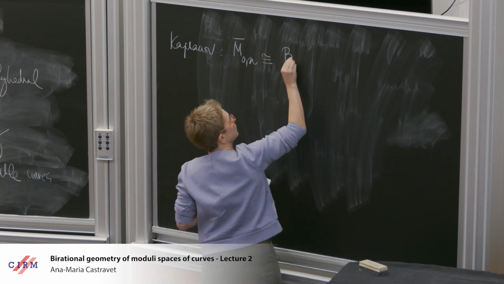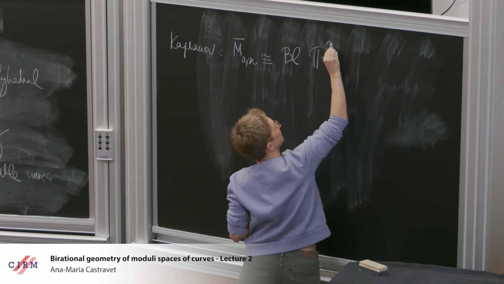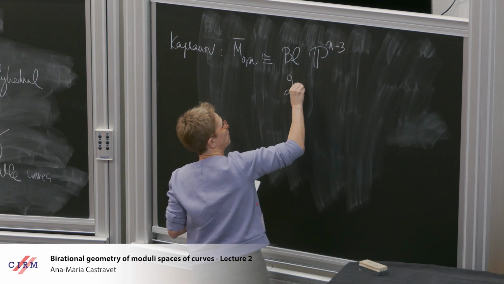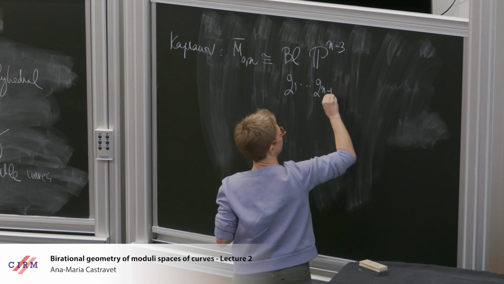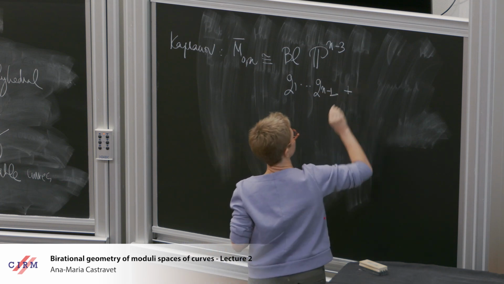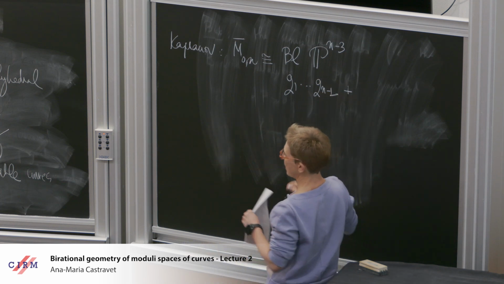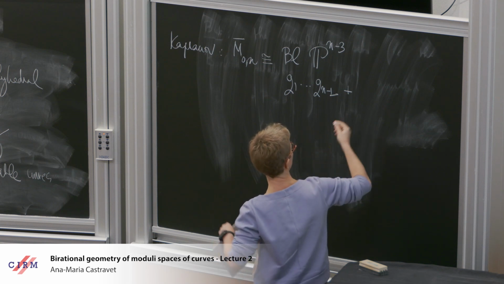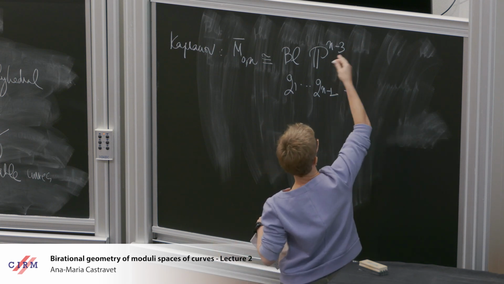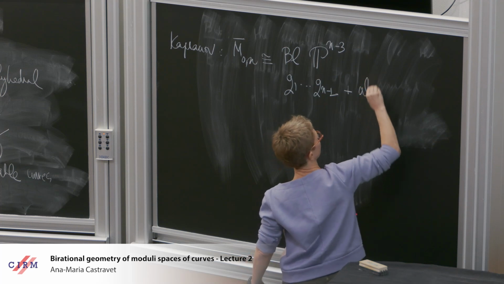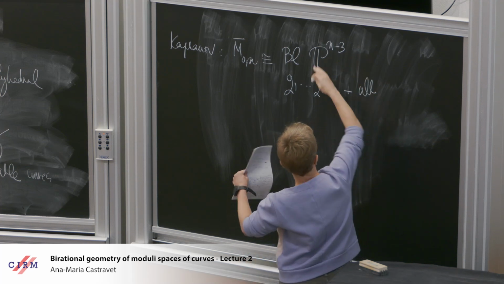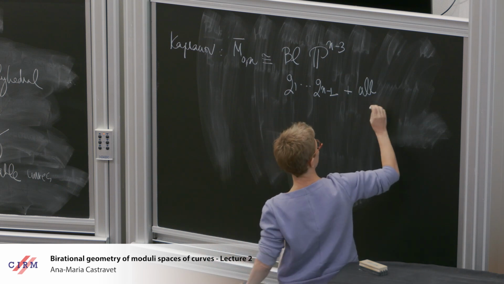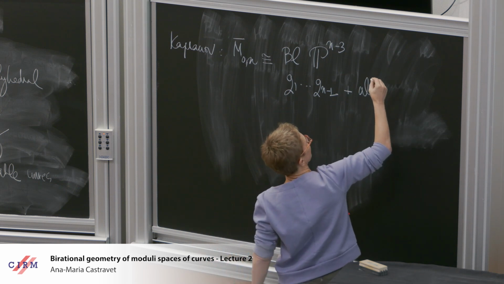Recall this was: start with a projective space of dimension n-3, then you blow up n-1 points, and then all the proper transforms of lines spanned by them, and all the proper transforms of all the planes, and all the way to codimension 2. So the way I said this is you first do points, then lines, then planes.